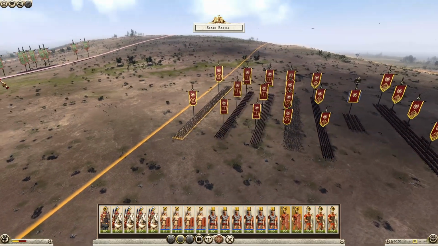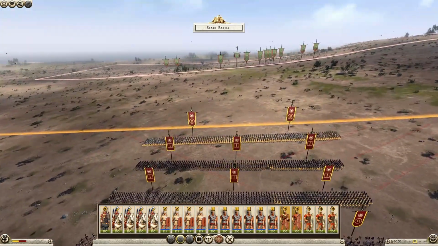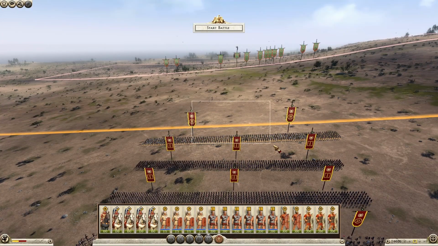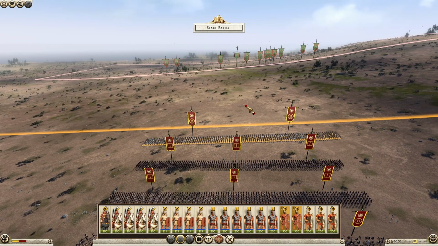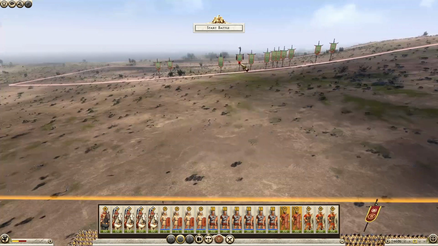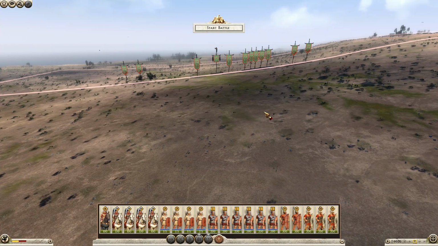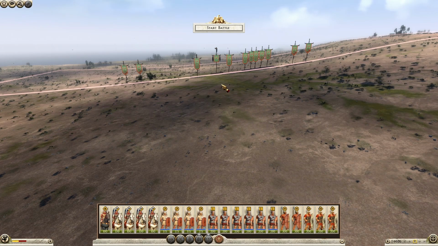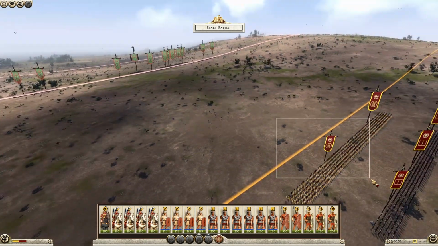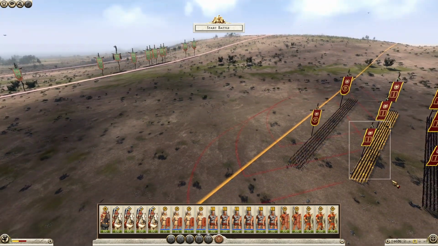In the front line will be the Hastati, because they are the mid-shield unit. I'm trying to make them take the enemy charge, take the javelins, take the arrows. Yep, just take the casualties for the Principes.